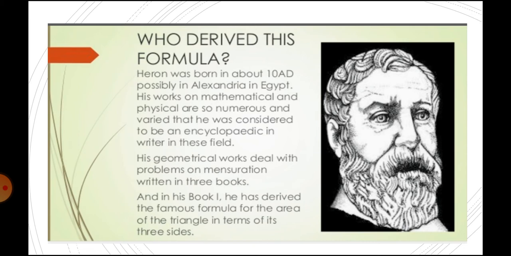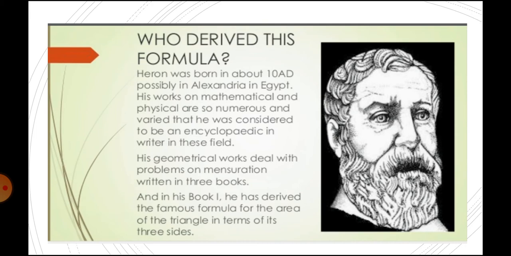Therefore, we do not have to rely on the formula half into base into height for calculating the area of a triangle. In summary, we have two formulas for calculating the area of any given triangle: the first one is half into base into height, and the second one is Heron's formula.